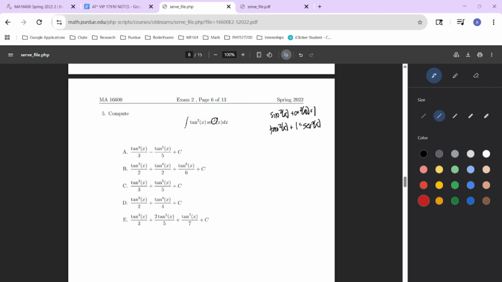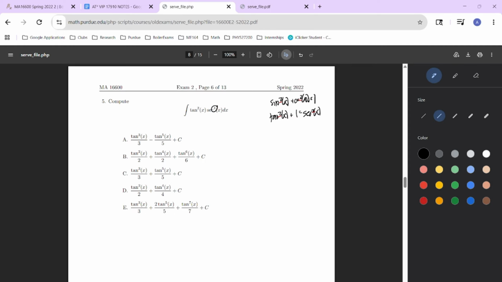As you may notice, none of their exponents are greater than 2. So we need to find a way to split this secant to the 4th up into a product of terms of secant that have exponents of less than or equal to 2.